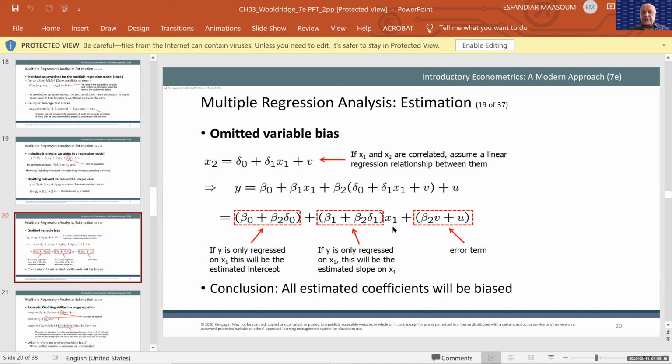Were there to be an x2 that is omitted, the bivariate estimator of beta 1 hat, they were called beta 1 tilde, that you get from this regression is really an unbiased estimate of all of this. Beta 1 plus beta 2 delta 1. What's beta 2? Is partial effect of x2, were it to not to be 0. What's delta 1? Is a degree of correlation, dependence between x1 and x2. Again, I will elaborate on that later on.